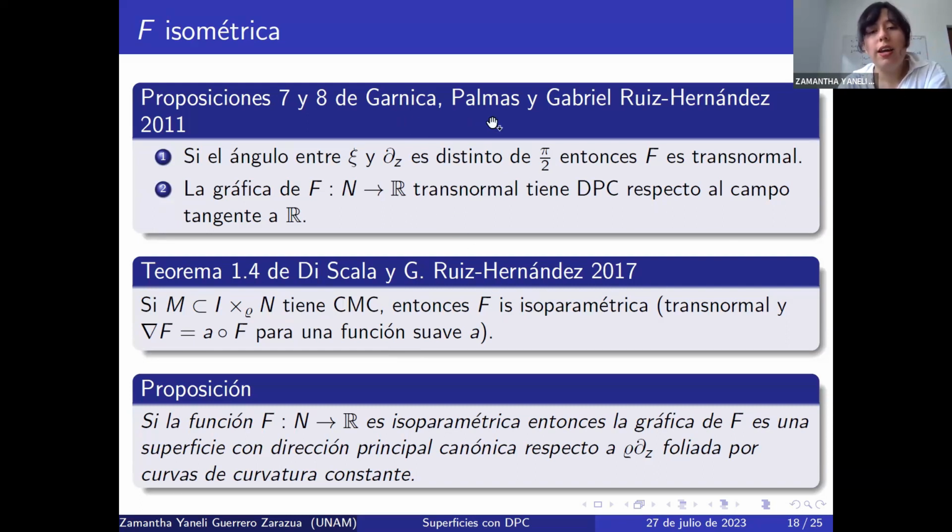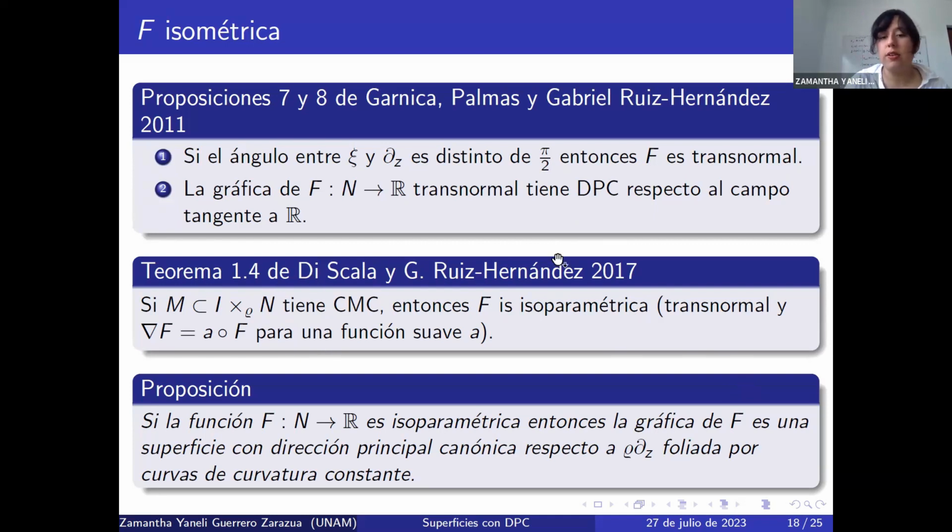So Garnica, Palmas and Gabriel Ruiz in 2011 showed that, if the angle is taken distinct from pi over 2, if M has canonical principal direction, then F is transnormal. We had already shown that. But also, if the graph of F is transnormal, then it has canonical principal direction. So it goes both ways.